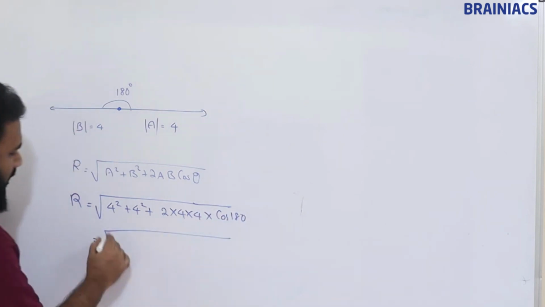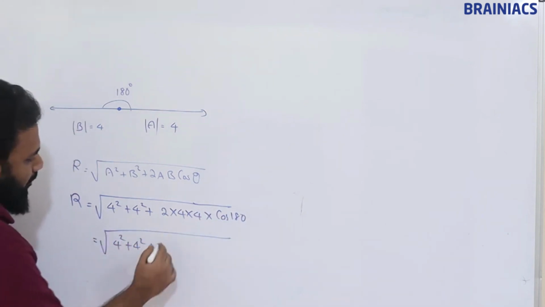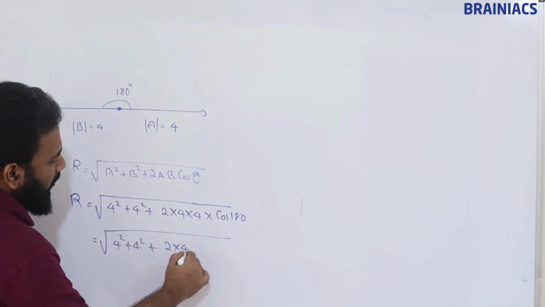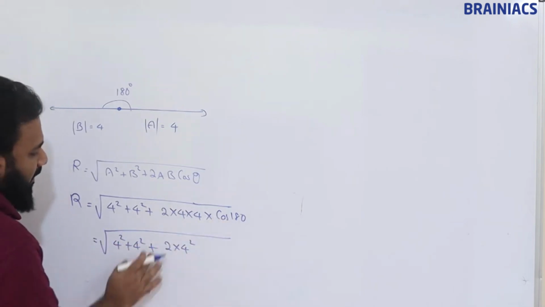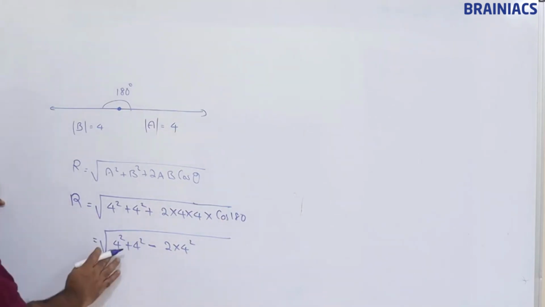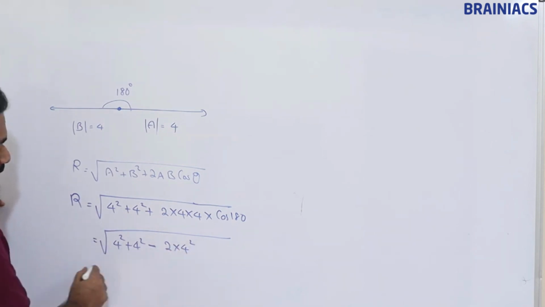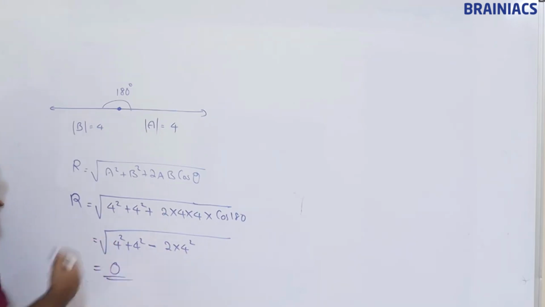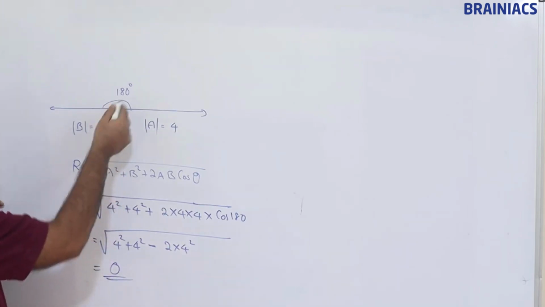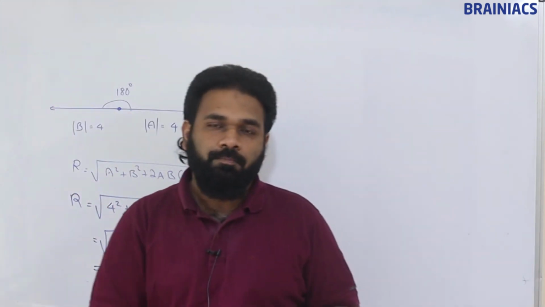Cos 180 is minus 1, so 16 plus 16 is 32, and minus 32, finally this becomes 0. So just by changing the angle, the result is 0 here.